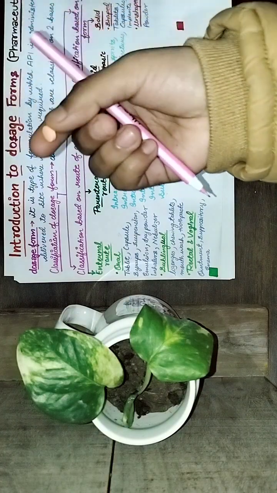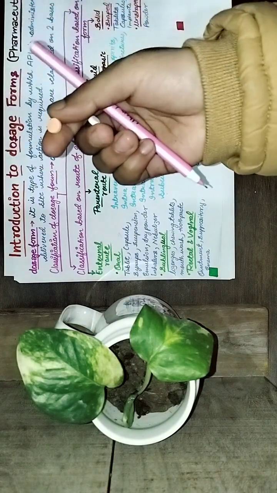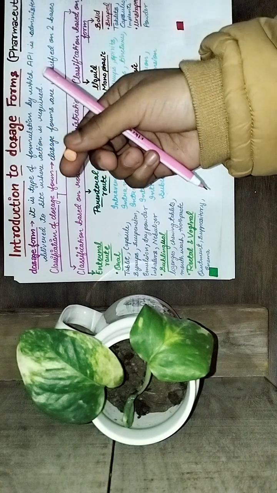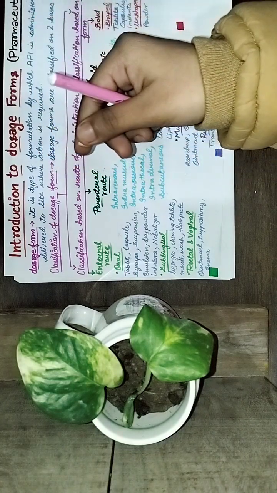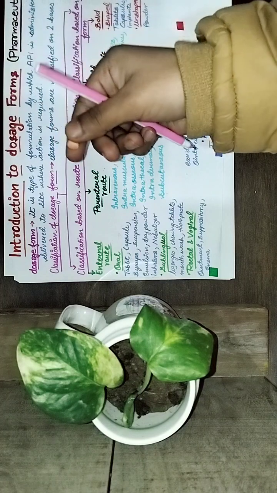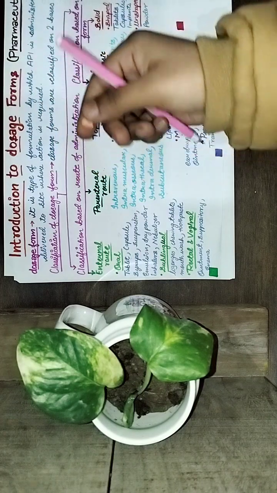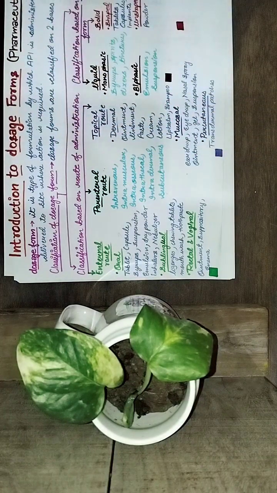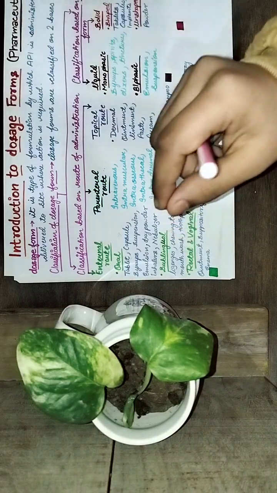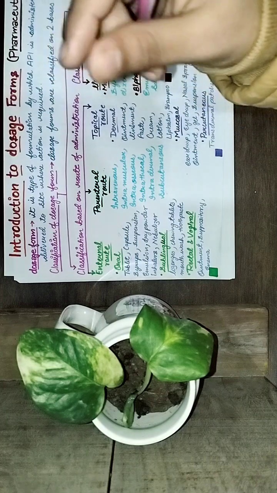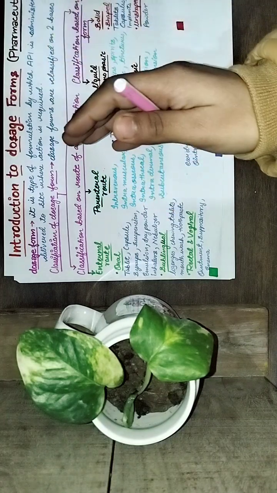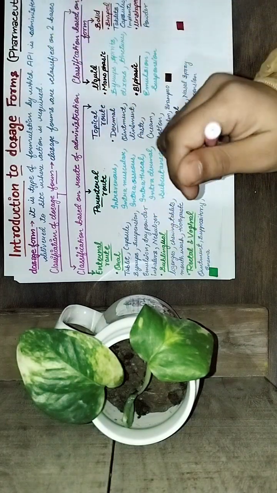So the API of this tablet, those which are enteric coated, their API can get disintegrated by the stomach acids. Therefore, to protect this API and to get a pharmaceutical effect, therapeutic effect, we coat these tablets in such a way these tablets only get dissolved in the intestine. They do not get dissolved in stomach.